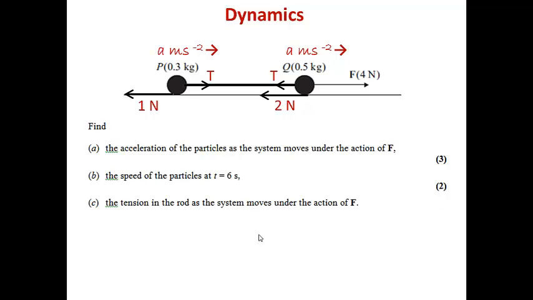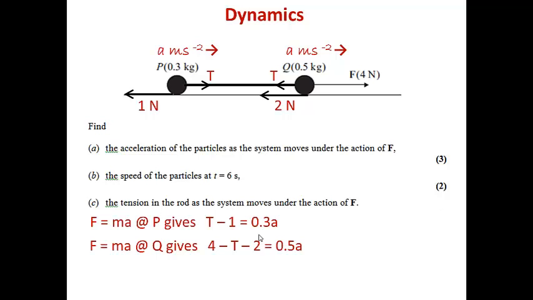And what I'm going to do here is apply it once at P and once at Q. So applying F equals ma at P, the net force on P is T minus 1, and it's causing the mass 0.3 to accelerate at a meters per second squared. Applying the same at Q, the net force here is 4, which is the force F, and subtracted from that is T and 2.